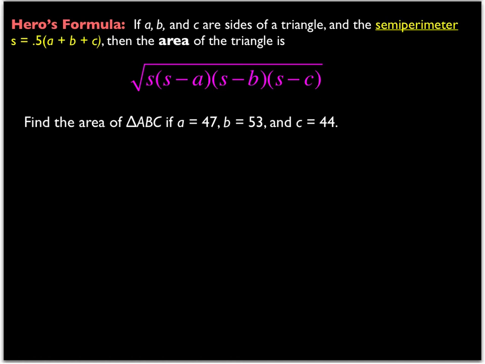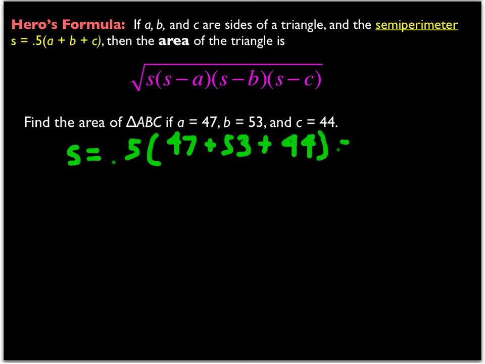So we have triangle ABC, which gives you the three sides there. So first of all, let's see if we can find that semi-perimeter in this case. It's obviously going to be 0.5 times the sum of all those, 47 plus 53 plus 44. And if I calculate all that out, I will get 72. So that's my semi-perimeter.